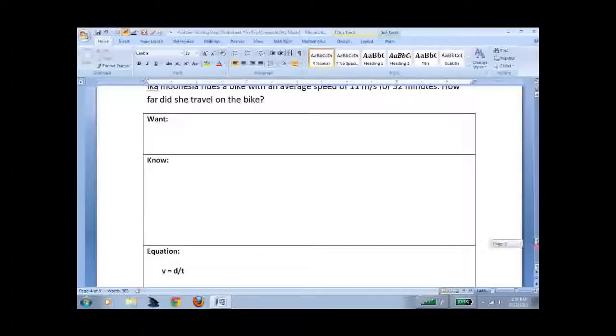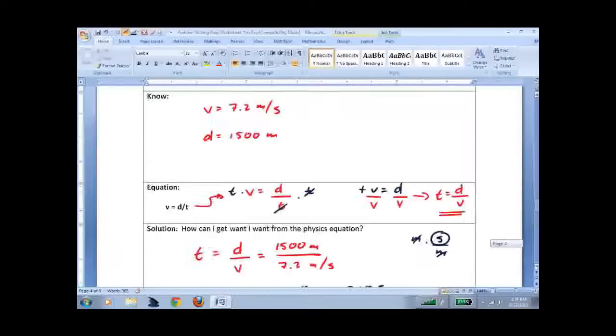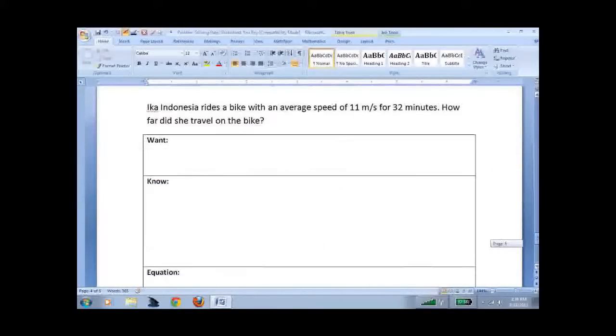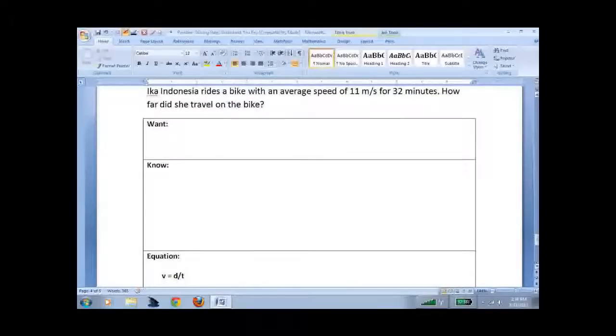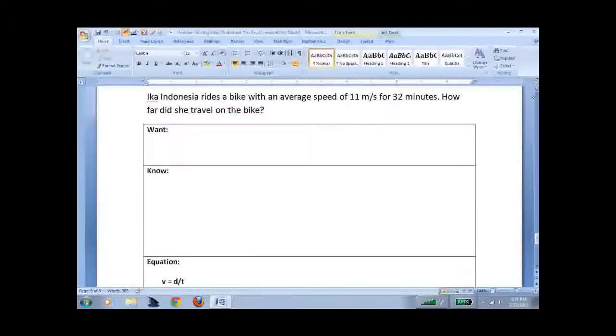There's more. Again, I would recommend pausing this and try it on your own. I'm going to do it very quickly with minimal talking.